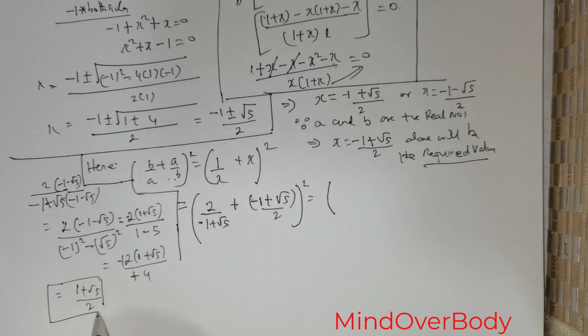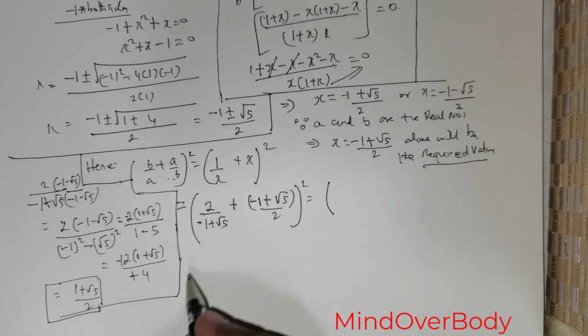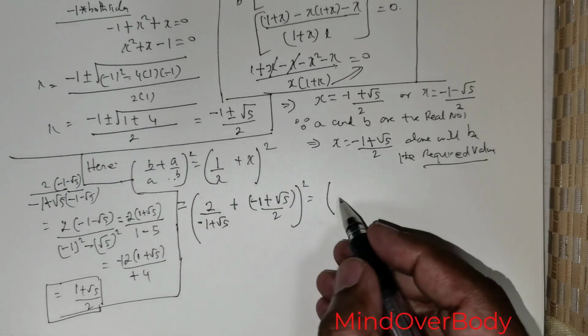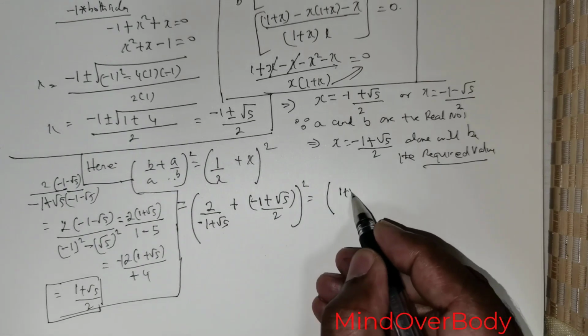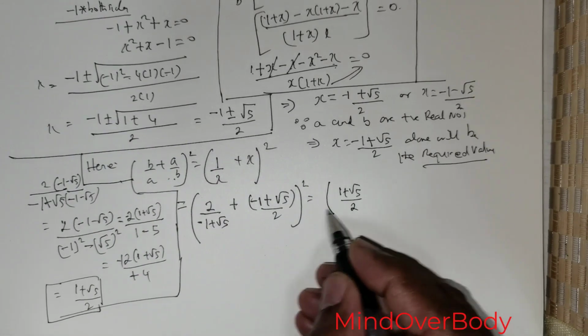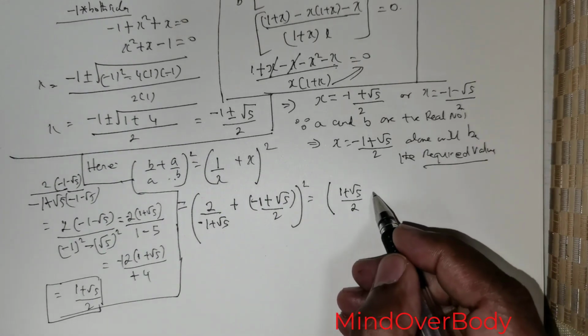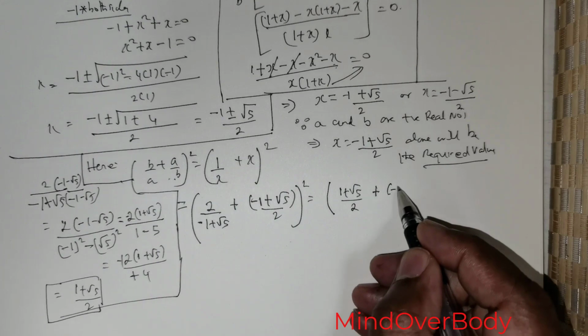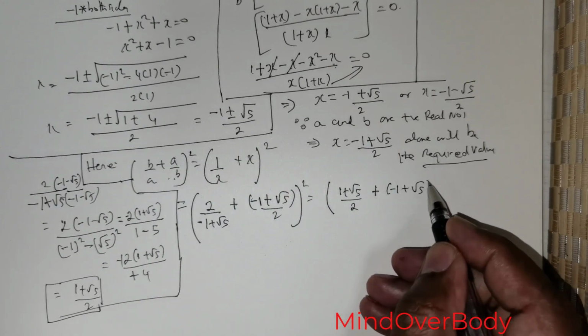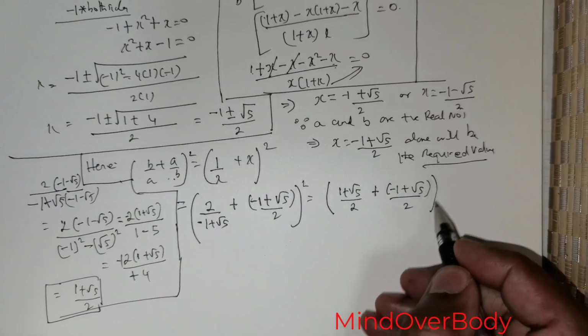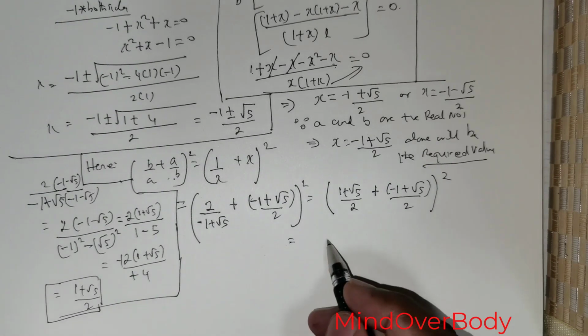So that's nice. So I'm going to rewrite this quantity as 1 positive root of 5 divided by 2, and this quantity is going to be positive -1 positive root 5 over 2, and that has to be squared. So the LCM is 2.